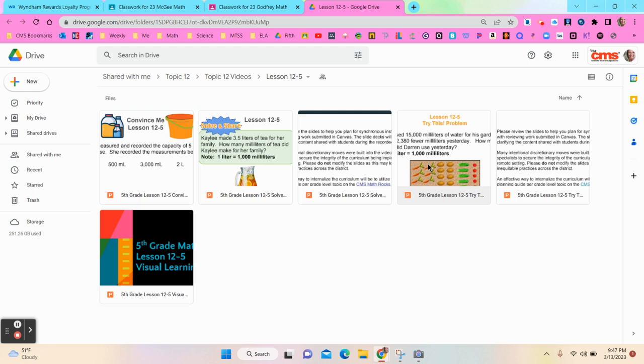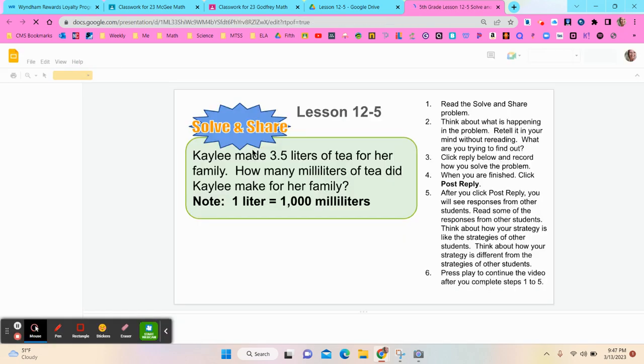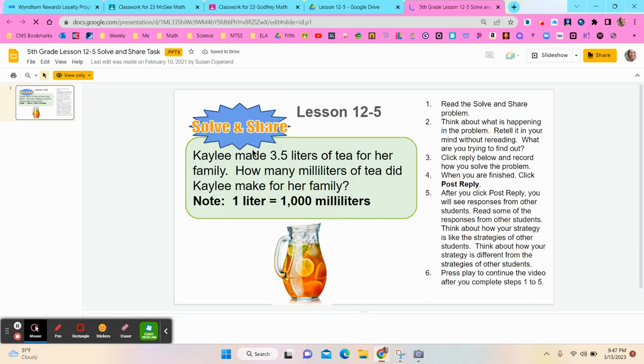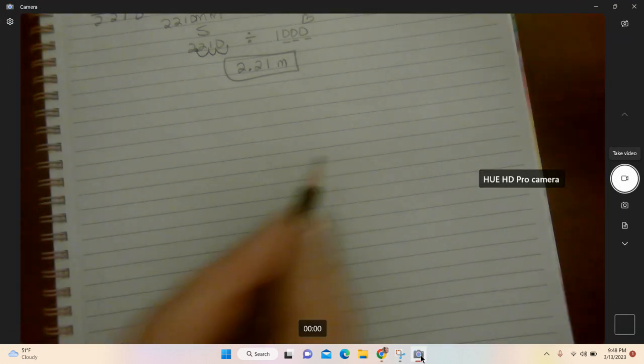All right, let's do this one. All right, Kaylee made 5 liters of tea for her family. How many milliliters of tea did Kaylee make for her family? So that keeps this pretty simple. All right, so I know that I'm looking for how many milliliters. So that's what I'm going to put on my line.